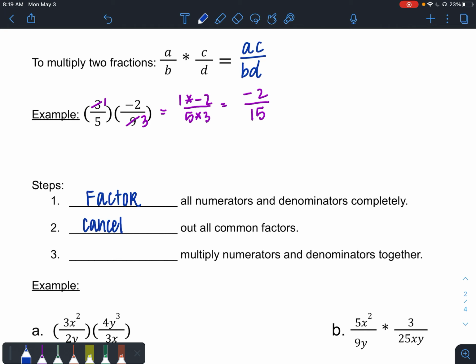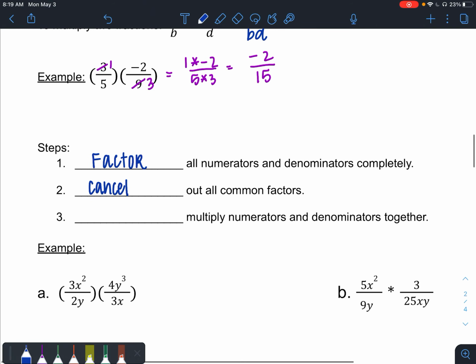And then we are going to multiply numerators and denominators. I don't know what goes in this blank here, but we are going to multiply numerators and denominators together. We'll just say simplify.